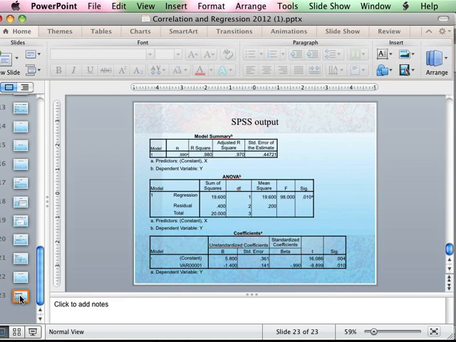And then I have my adjusted R squared. R squared itself is too big. It always overestimates what the actual R squared in the population is when I use a sample to calculate. So what the adjusted R squared does is it compensates for the sample size that I have and also the number of independent variables I have, because as we go to multiple regression, we're going to have more than one independent variable.